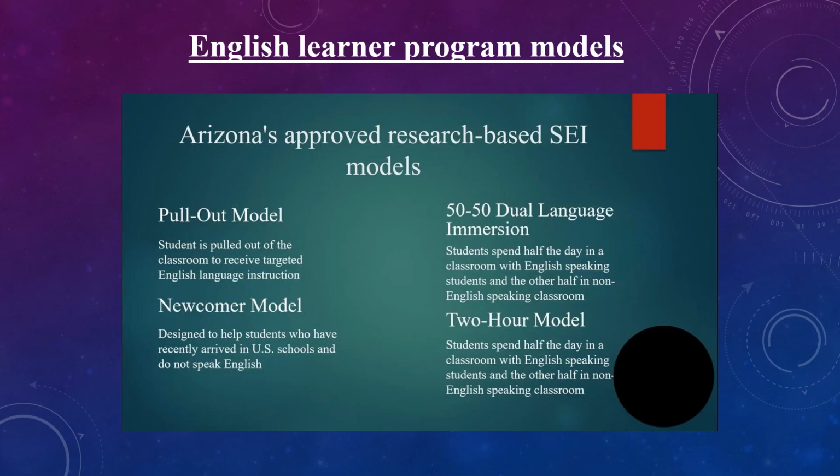The dual language immersion is to support EL students with instruction in English but also in the student's home language, making it 50-50 in a joint language, according to New America. The 2-hour model allows students 2 hours of English language development daily.